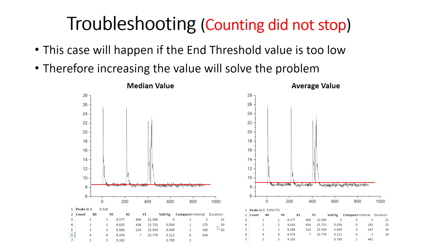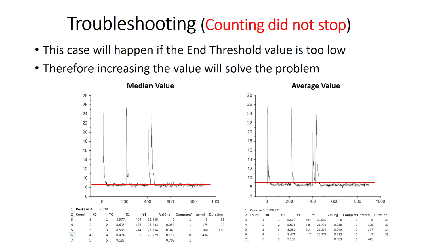So here, for this example, there are only 3 durations because the end threshold value is too low. So here, this should be the first peak, second peak, third peak, and fourth peak. But because the end threshold is too low, the third and the fourth peak are counted as 1 here.